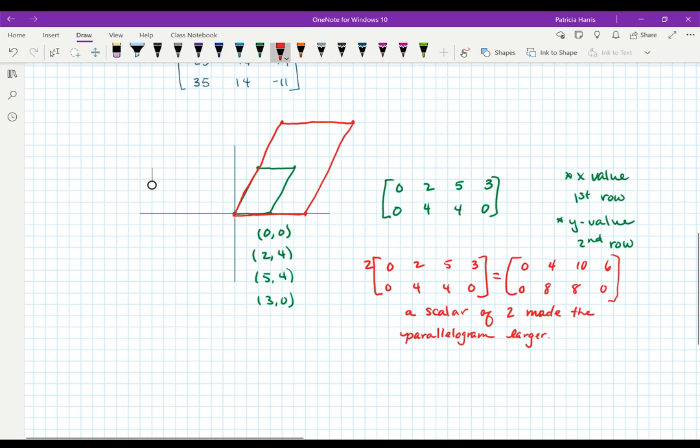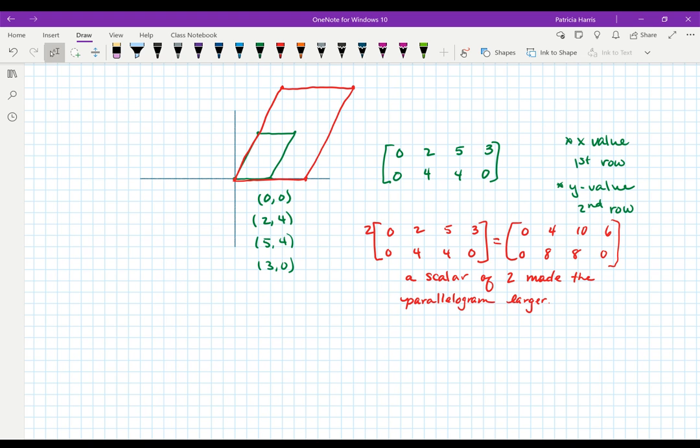Okay. Now let's see what happens. Whoops. If I take my same matrix, my original green matrix, but this time I'm going to multiply it by 1/2.